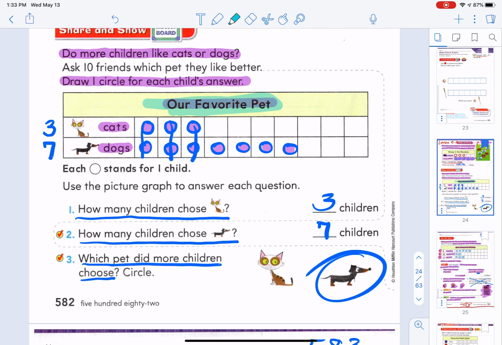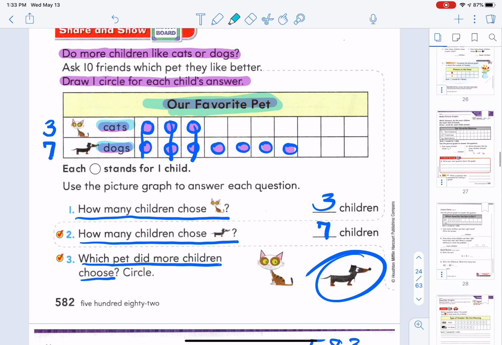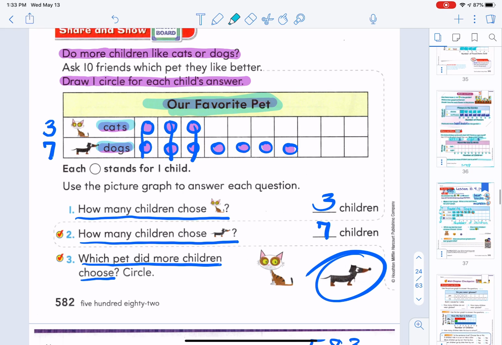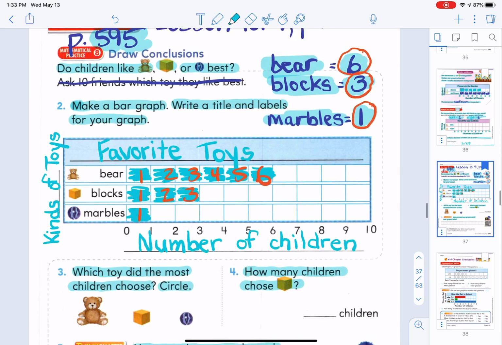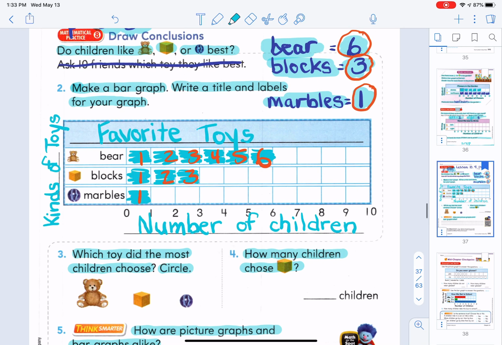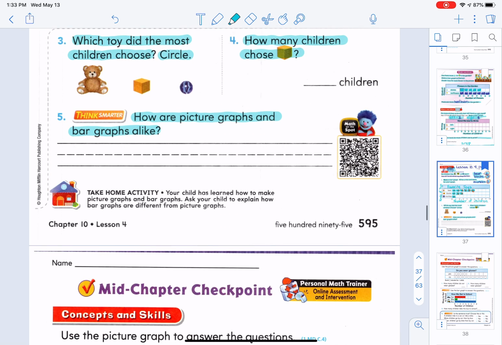Remember we did this one a few days ago? We got the cats and the dogs, and then we drew circles in there. Okay. And we're going to compare that picture graph to a bar graph. Okay. Watch the math on the spot video. See what you can do and come on back.